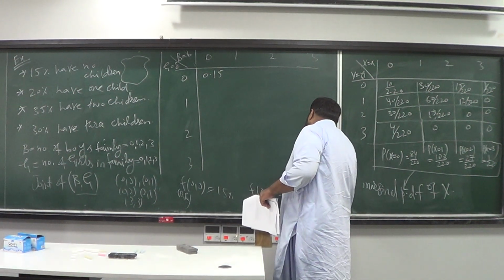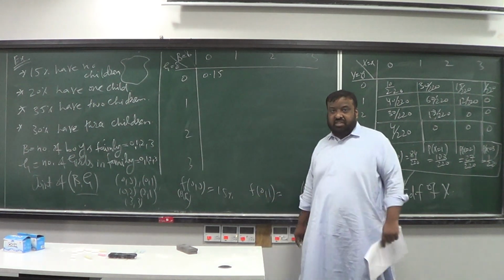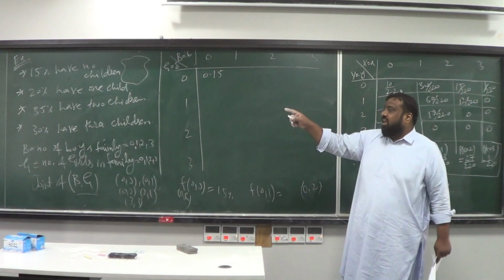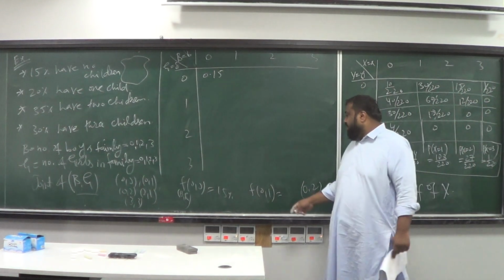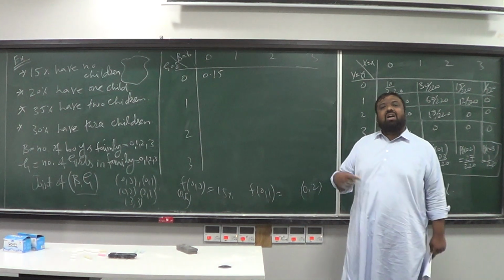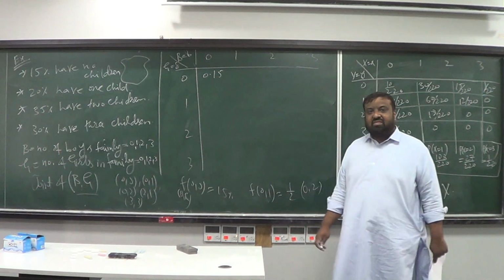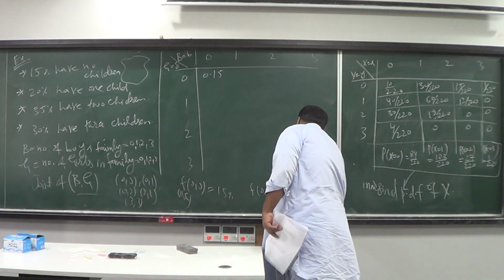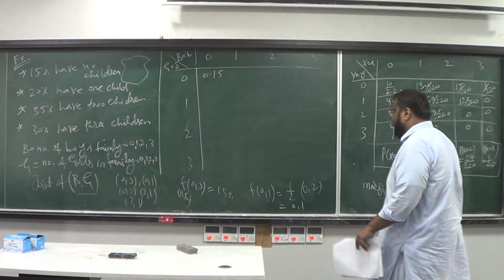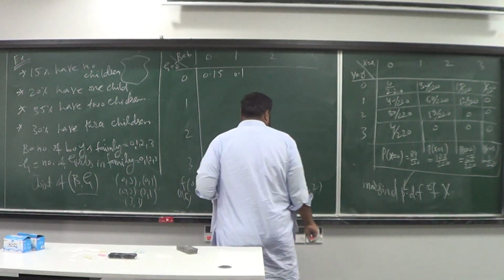It's 20%, 0.2 probability of having one child. But what is the probability of that child being a girl? That is 1/2, so this probability should be 0.1.